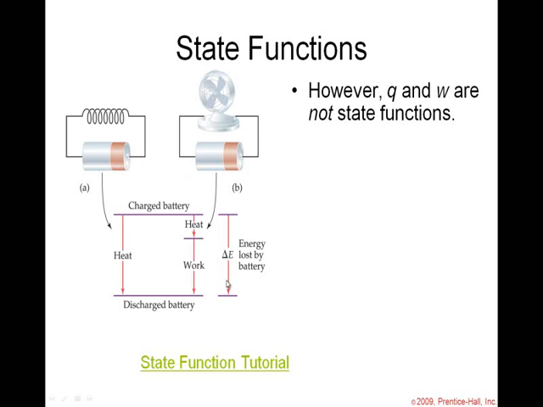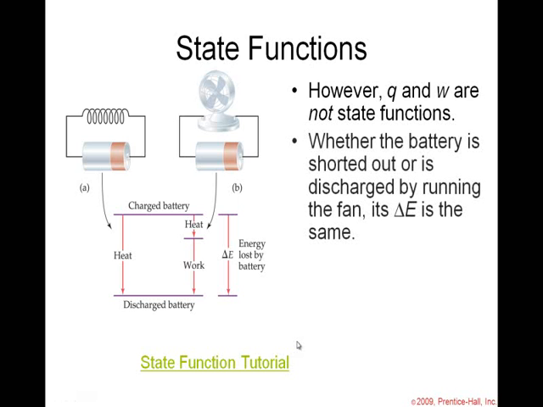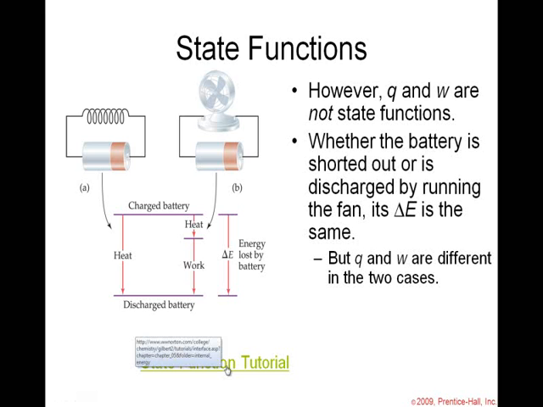But the total energy is the same in both cases. So while energy is a state function, Q and W are not. So whether the battery is shorted out or discharged by running the fan, its delta E is the same.